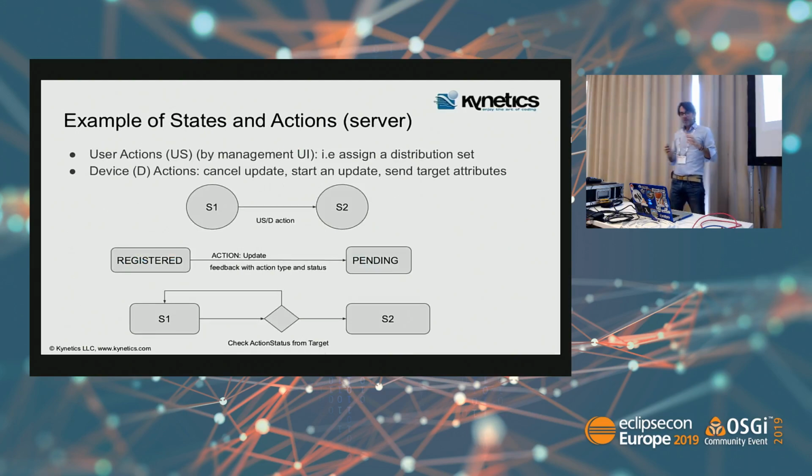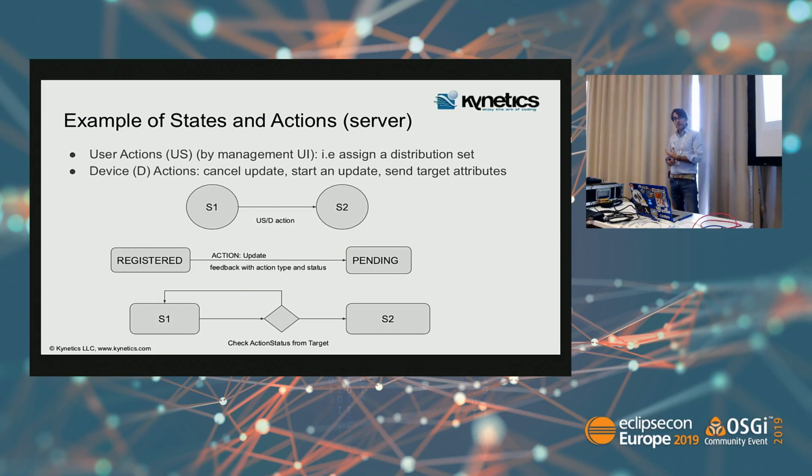So what happens on the server? We said before that the target is represented with states. And the transition between these states is made through an action. For example, if you have a registered device, that is a state in the server, and you want to go into another state, it's called pending. So when the device is doing something, there is an action, right?